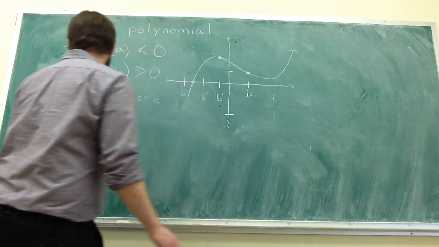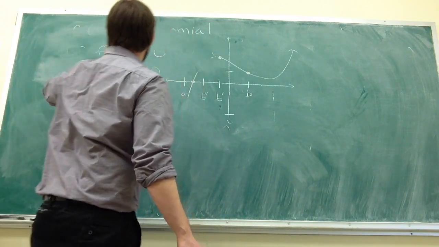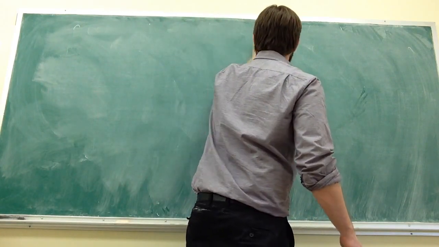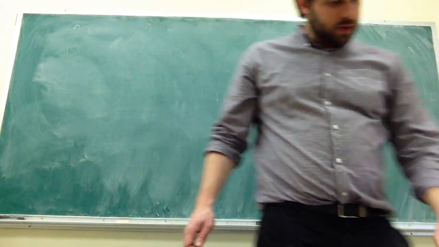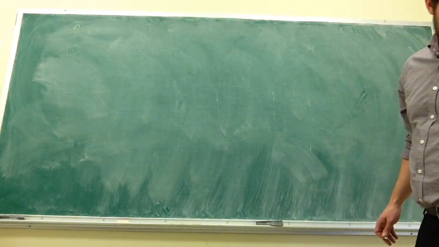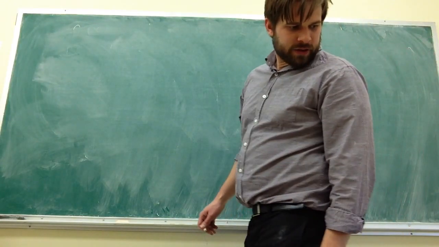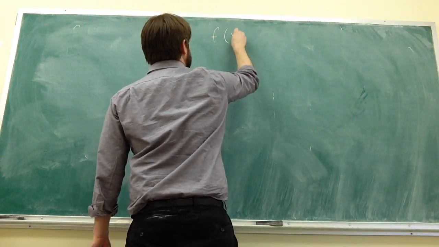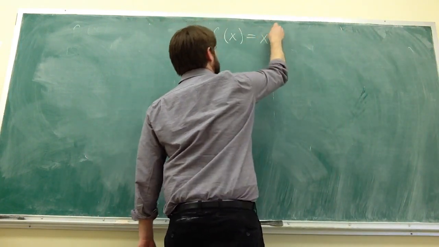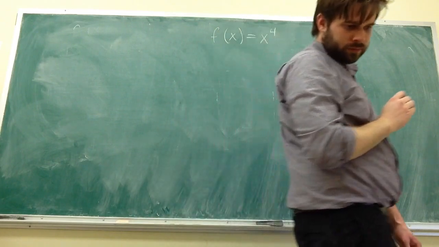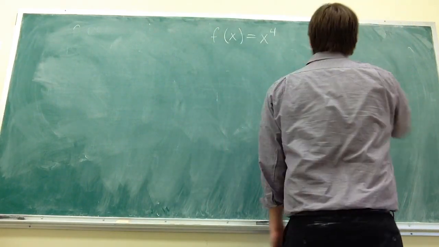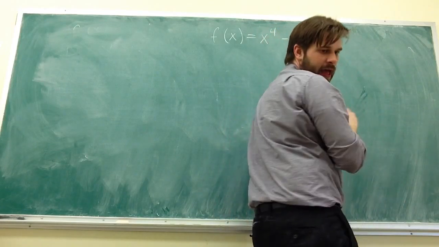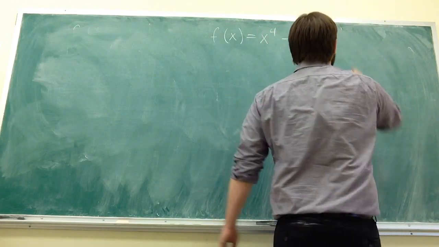Now let's look at an example where we could use this. So let's look at the function x to the 4th minus 3x squared plus x minus 1.